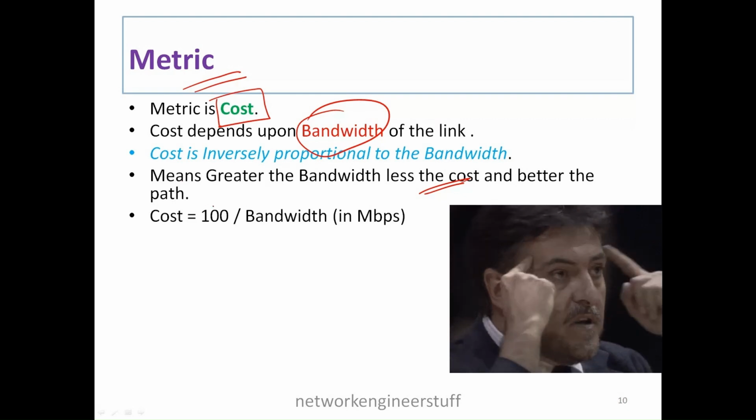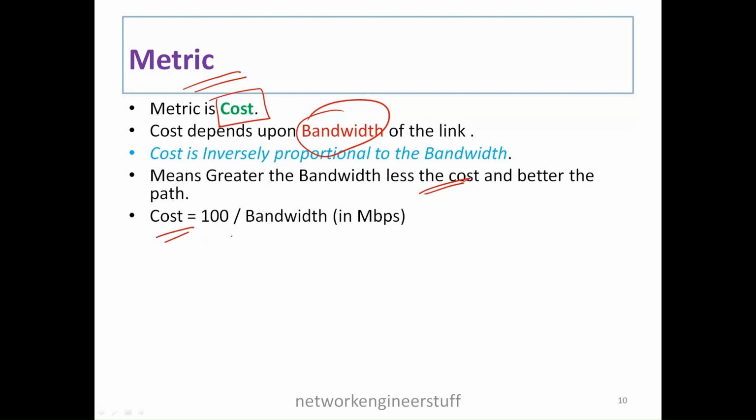So this is the formula of cost. Cost is equal to 100 divided by bandwidth in Mbps. So let's say there is a link which is having a bandwidth of 10 Mbps. So the cost will be 100 divided by 10, so it will be 10.